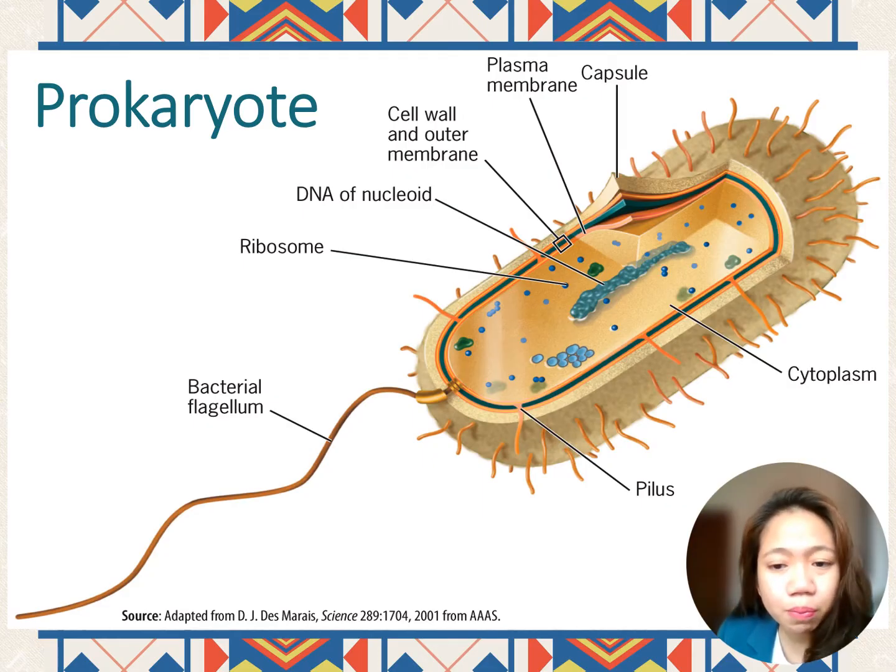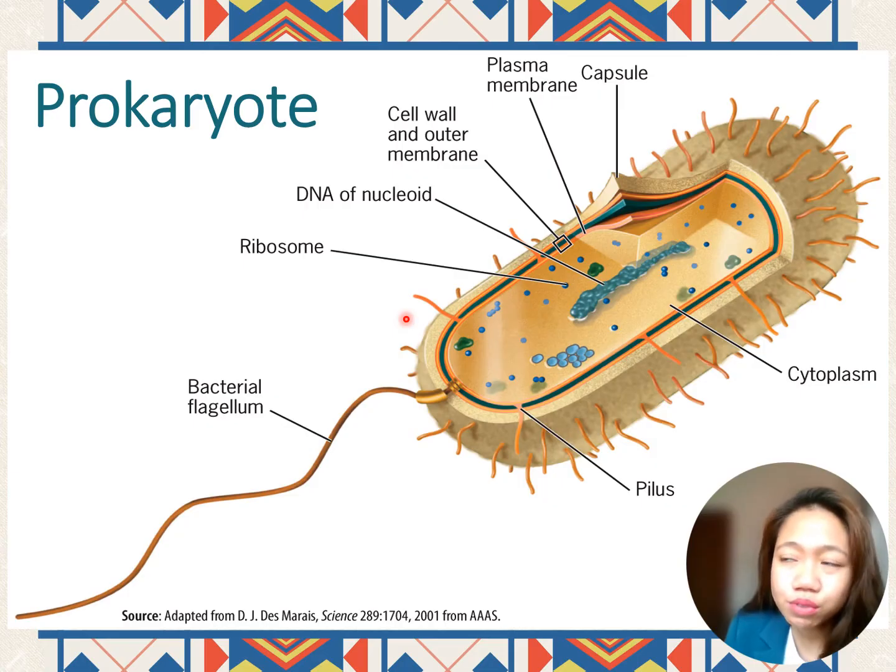First of all, prokaryotes do not have a nucleus. Instead, they have something called a nucleoid. A nucleoid is not an official structure, but simply the clump of DNA found inside the bacteria. So they still have DNA, they still have genetic material.